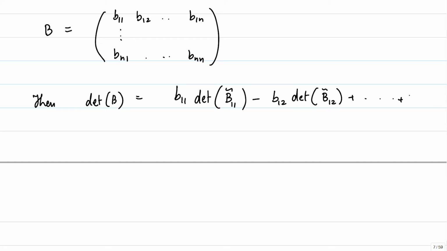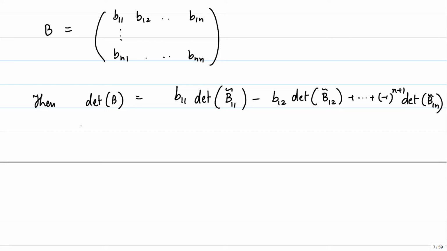Maybe I'll write the last term, minus 1 to the power n plus 1 times determinant of B1n tilde.